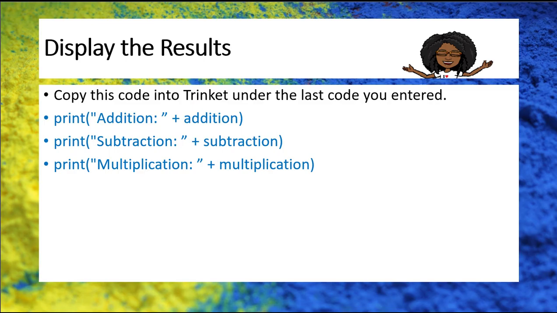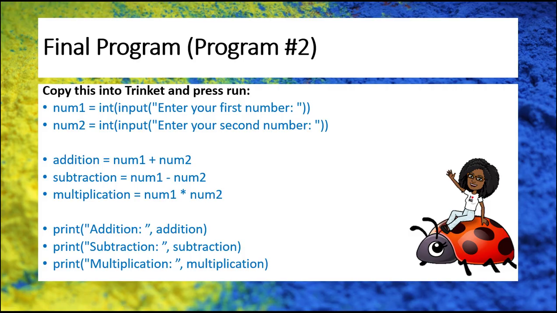Display the results. Copy this code into Trinket under the last code you entered. Once again, you can pause the video while you type. The final program, program number 2.